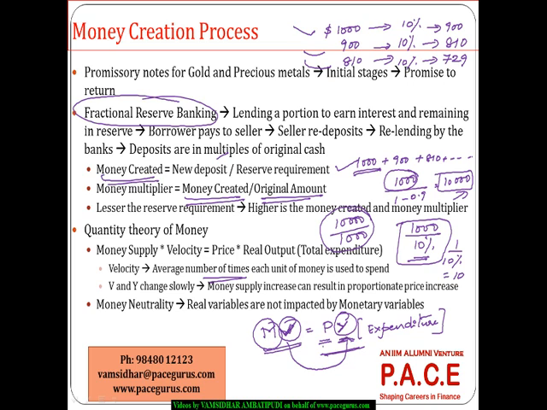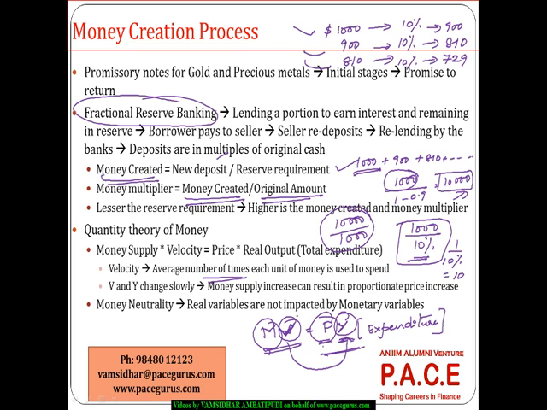So if the money supply is increased in the system, the price also increases. Means there is a possibility of an inflationary environment getting created. So with an increase in the money supply, the prices can increase, creating an inflationary environment. A decrease in the money supply can tighten the prices, creating a kind of deflationary environment.